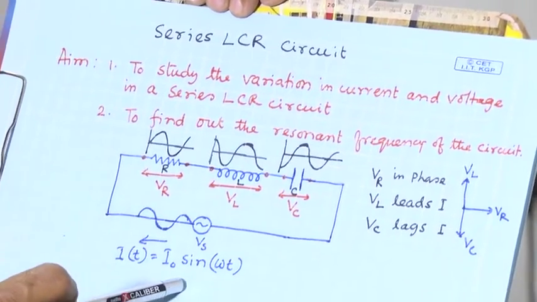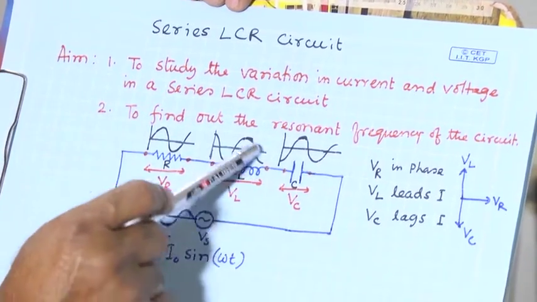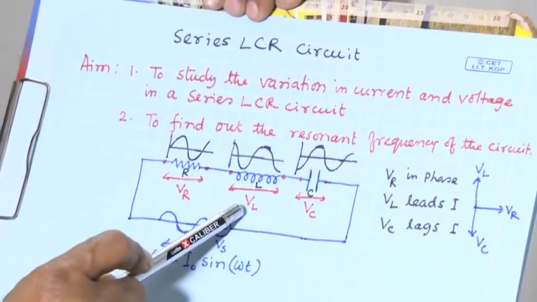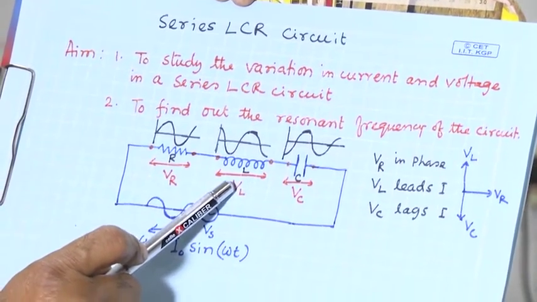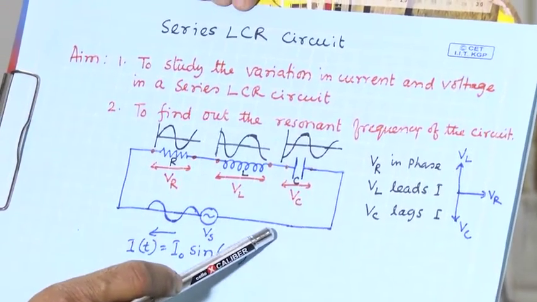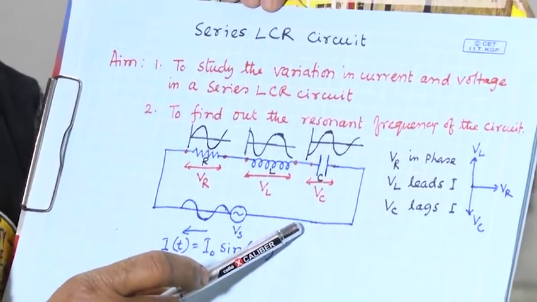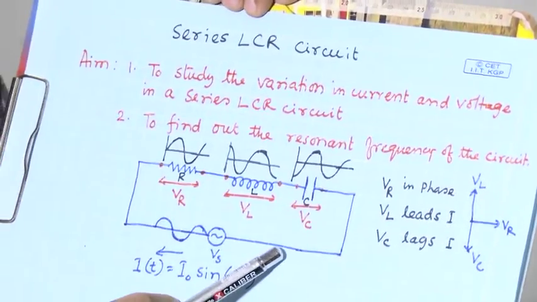Now the voltages are different across the resistance, inductor and capacitance. The inductor also has a resistance, which we call XL. It depends on frequency: XL equals omega L, where omega is 2 pi f, and f is the frequency.